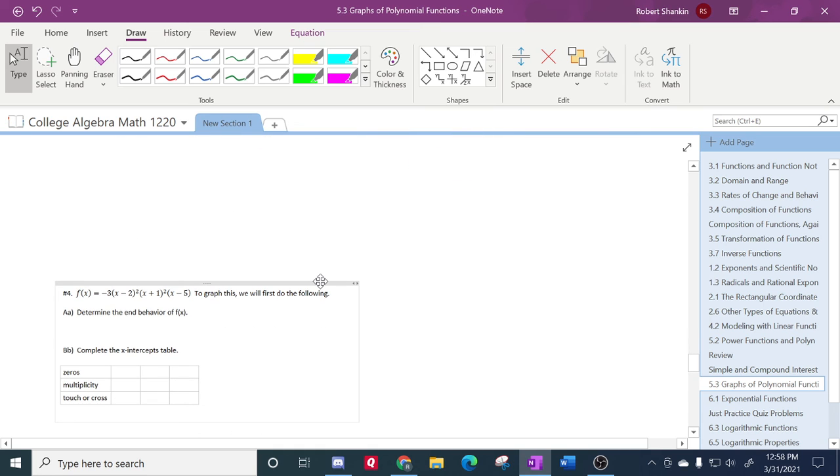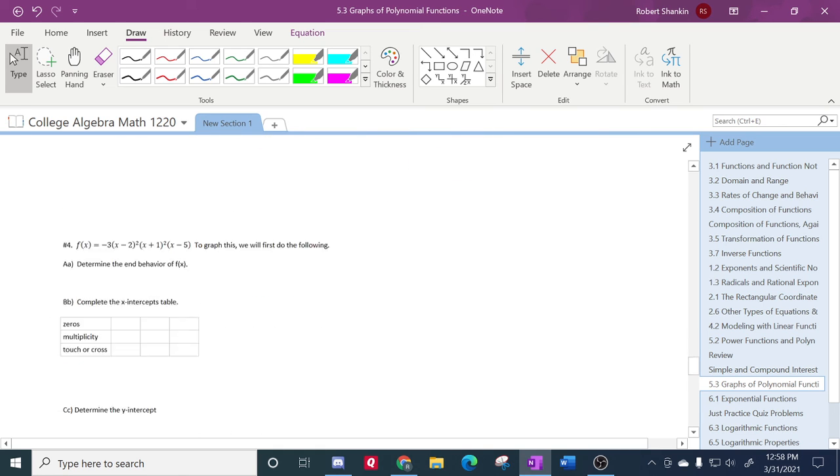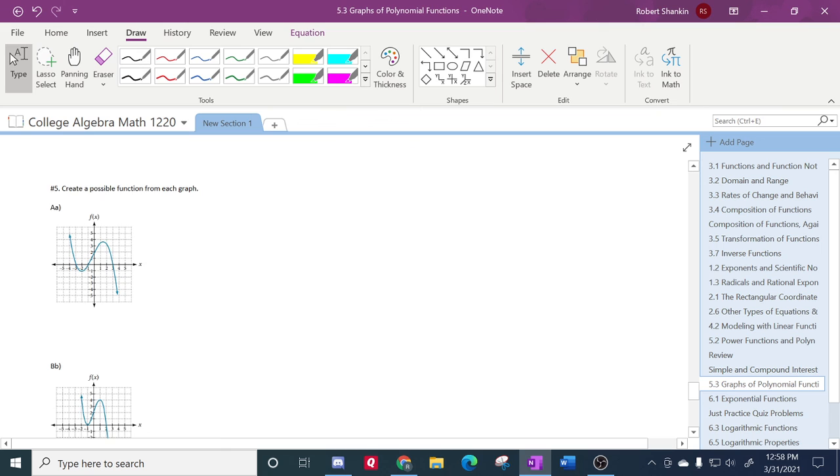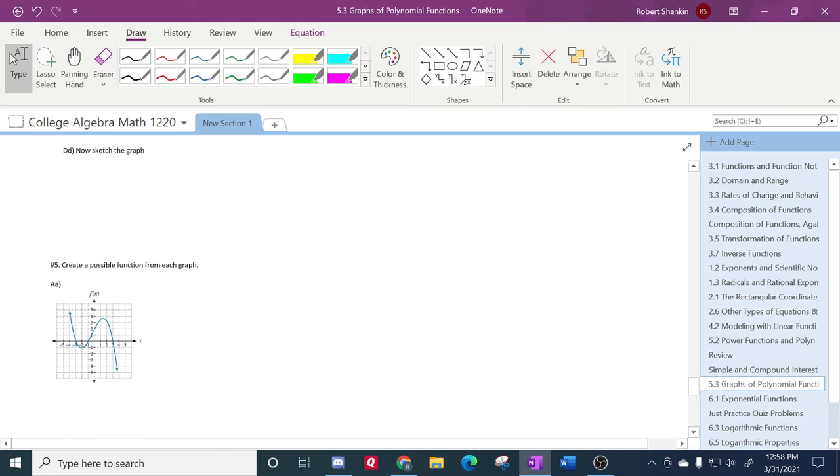Now, the number of turning points is 1 less than that. So let's look at this one right here. I'm going to create a possible function from this. I'm going to say f of x equals, and -3 is a 0.